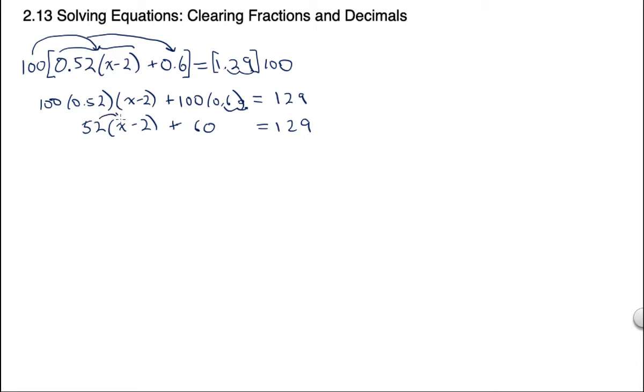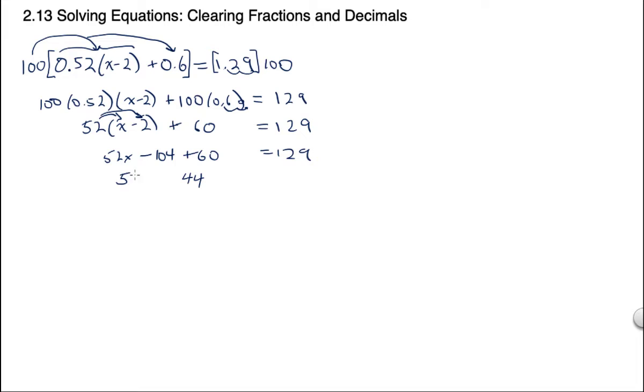Now we can distribute this 52. So we get 52x minus 52 times 2 is 104, plus 60 equals 129. Now we need to combine the negative 104 and the 60. Negative 104 plus 60 is negative 44.